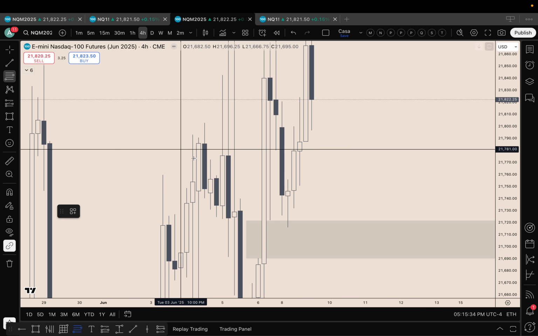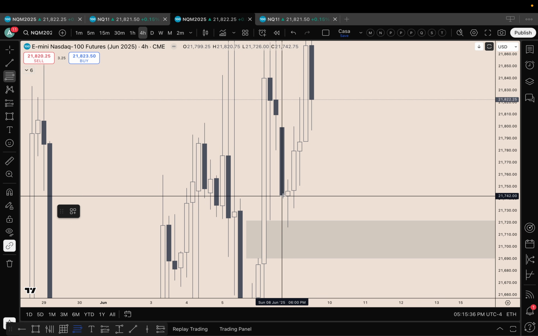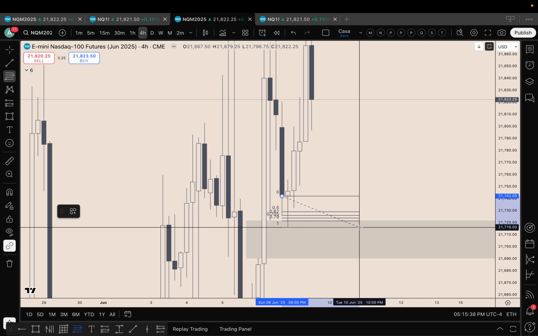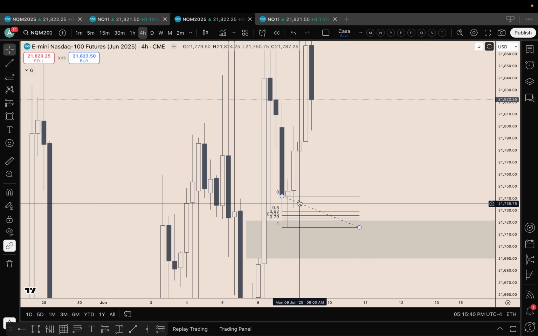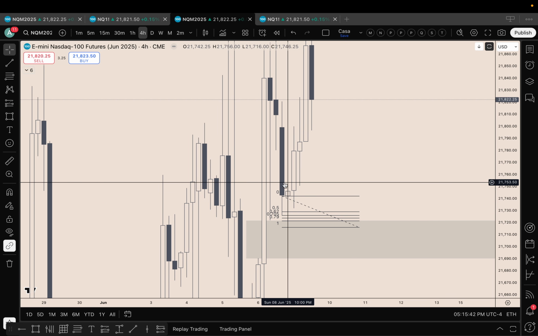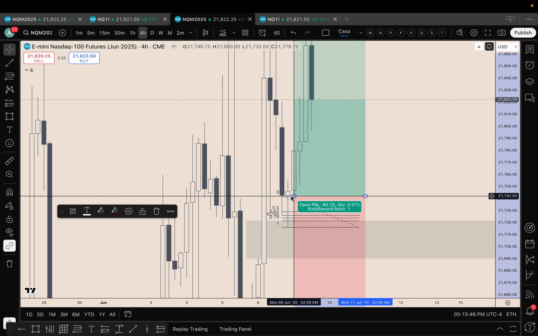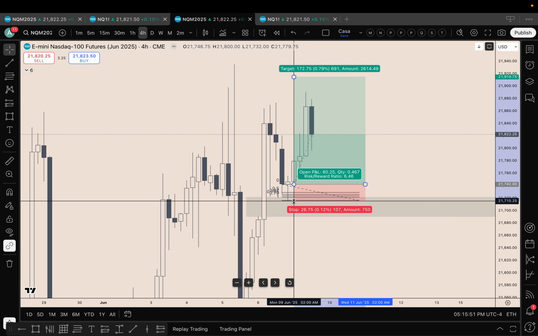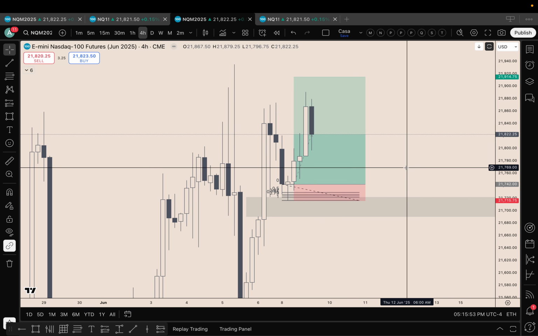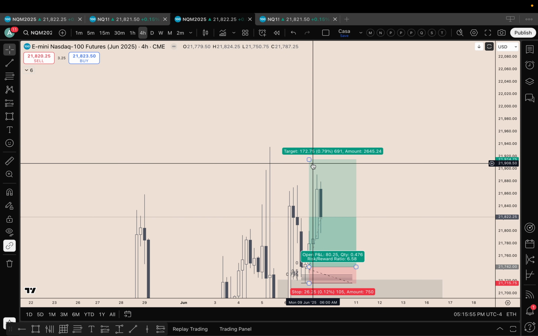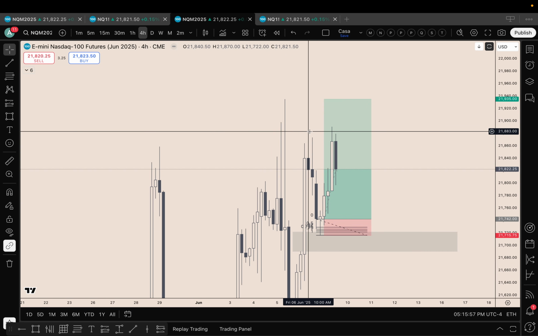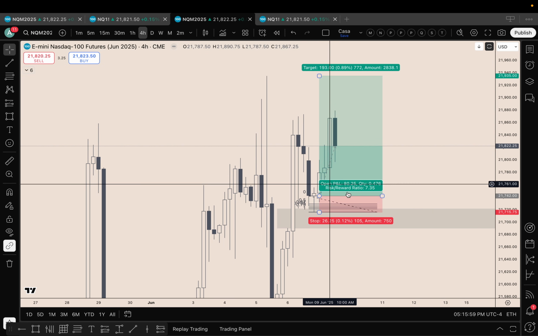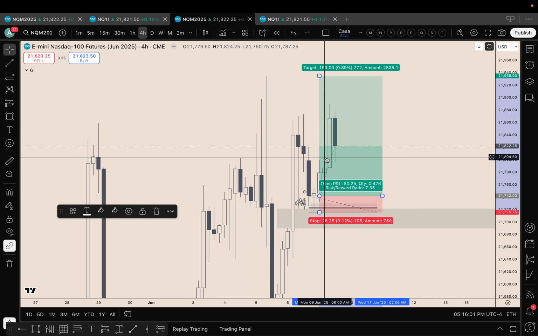So we're taking the OTE of this range. And look what happens. It respects the upper quadrants, and you would have been in on this candle. Again, another trade that I would have taken. Would have been in right here, stops at the 1, because there's no reason for it to go back below that low, targeting these highs right here. Again, another concurrent live play that you could have taken.